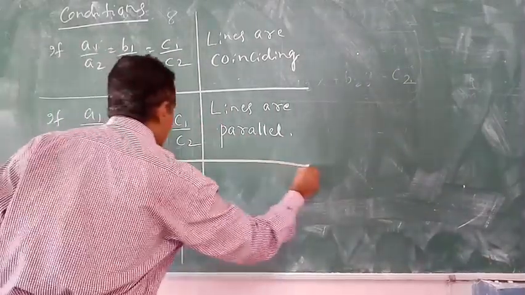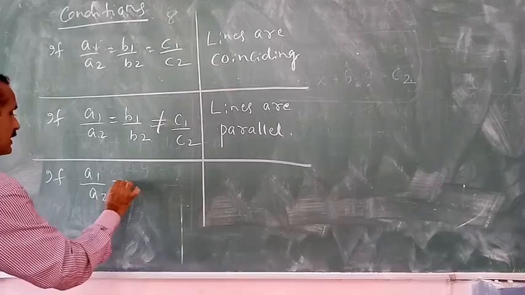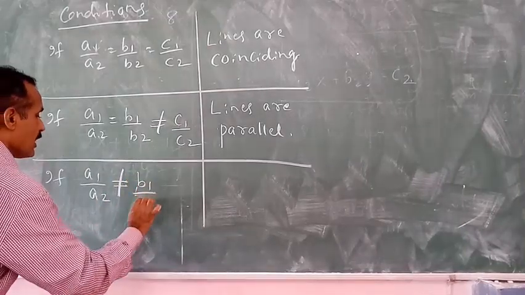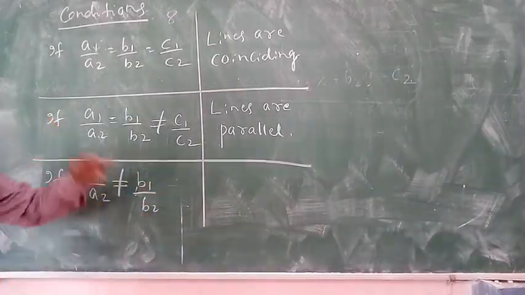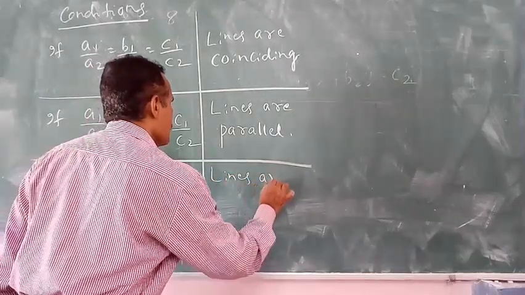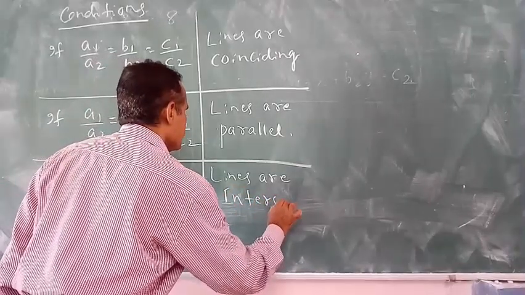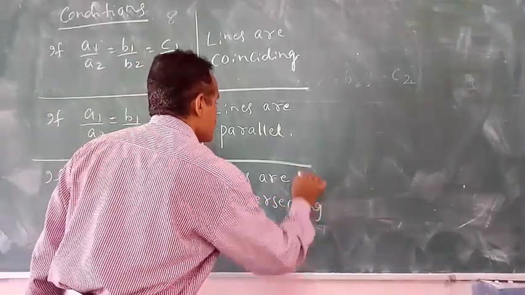And at last, if a1 by a2 is not equal to b1 by b2, the first two themselves are not equal, we can say the lines are intersecting.